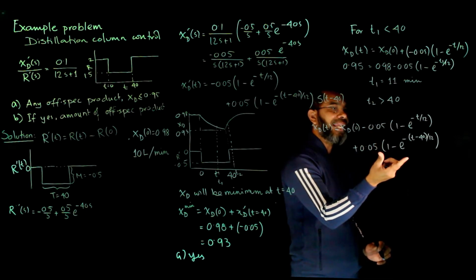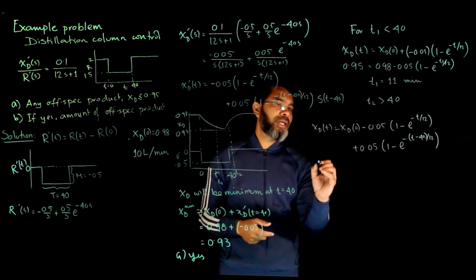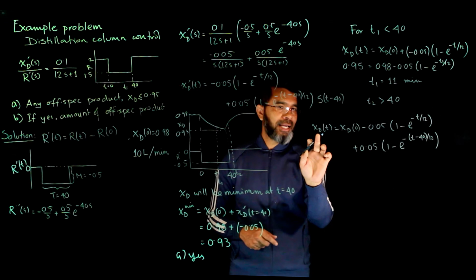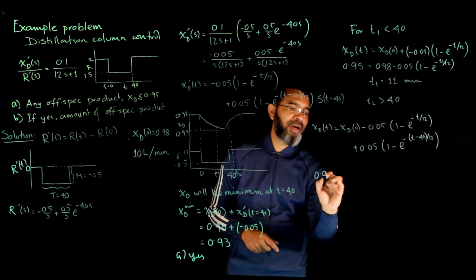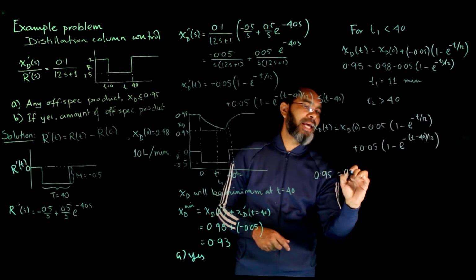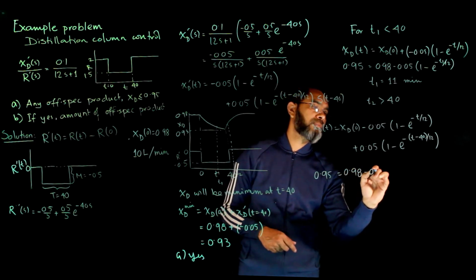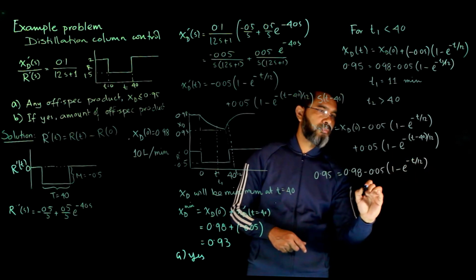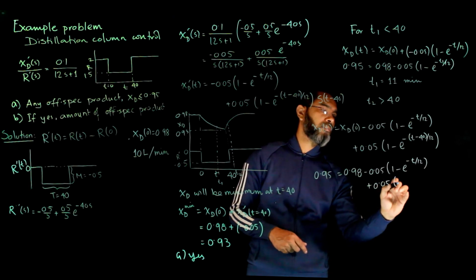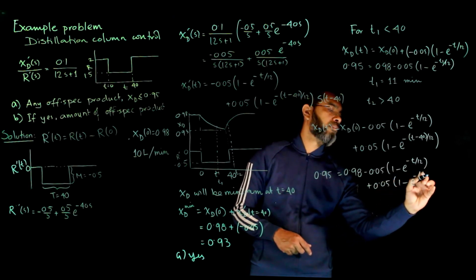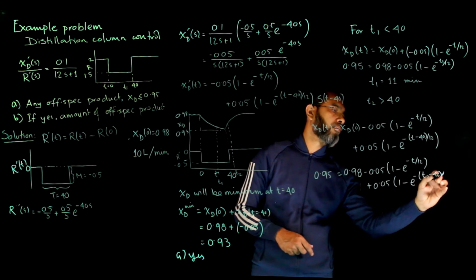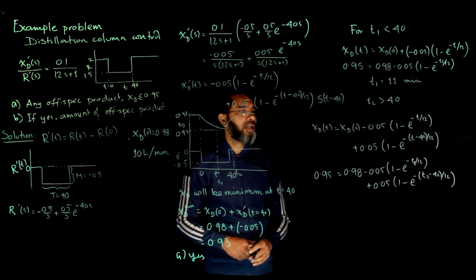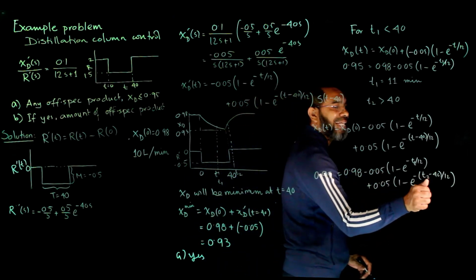So this is valid for any t greater than 40. So if you need to find out what will be the t2 for which this will be 0.95, it will be 0.95 equals the first one 0.98, that will be t2. Okay. Now we have to solve this equation to find what will be the t2.